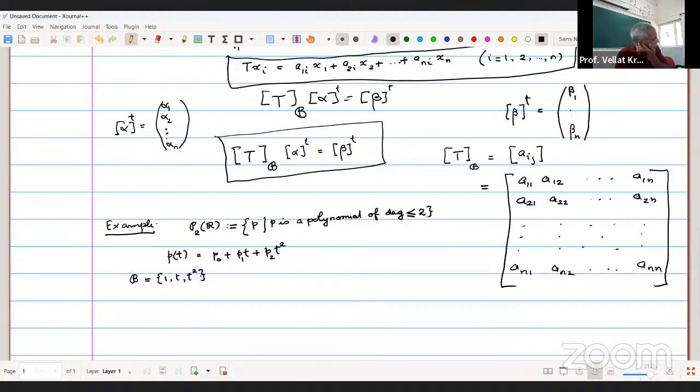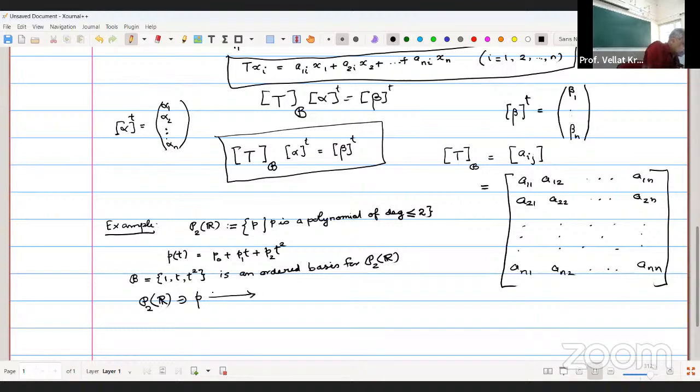You can show that this forms an ordered basis for P2R. Therefore, the polynomial p in P2R, where all the pi are real numbers, is identified with the triple p0, p1, p2, belonging to R3.